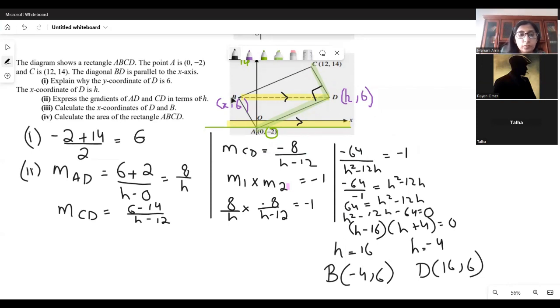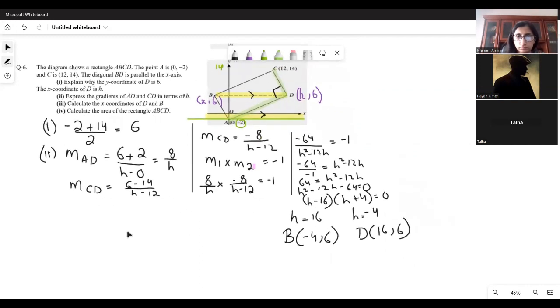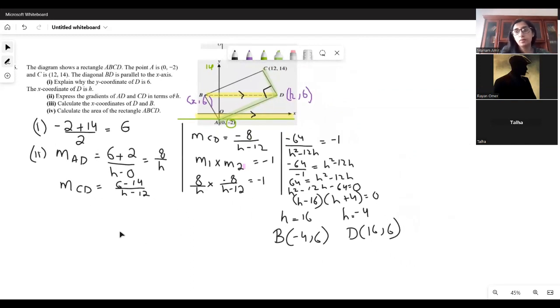Okay, so we have the coordinates of b and d. Last part is calculate the area of rectangle ABCD. How can we do this? You have all four vertices of the rectangle.